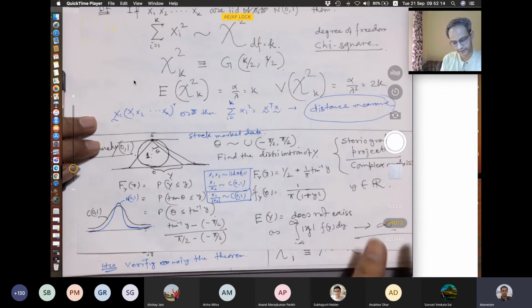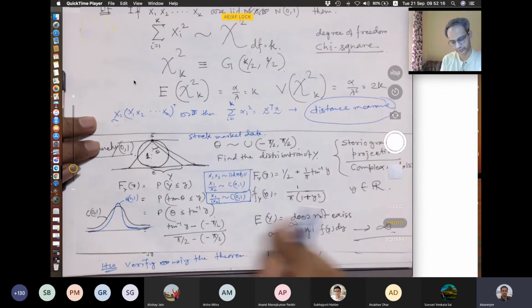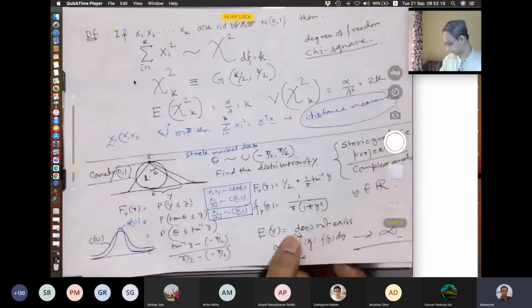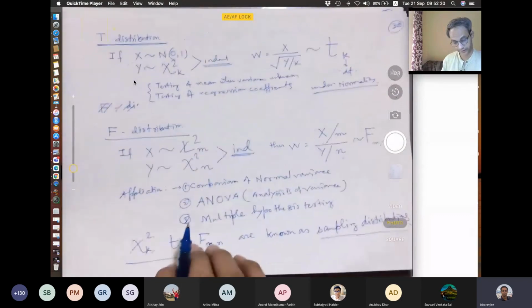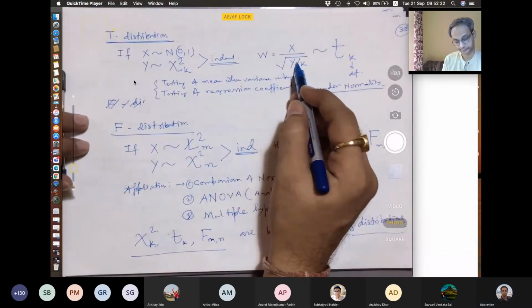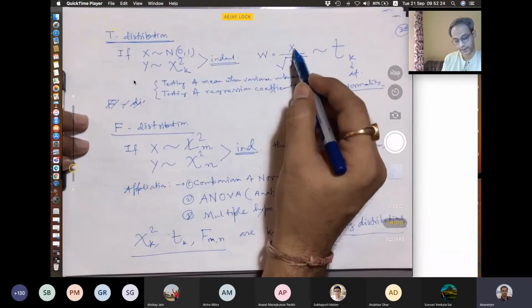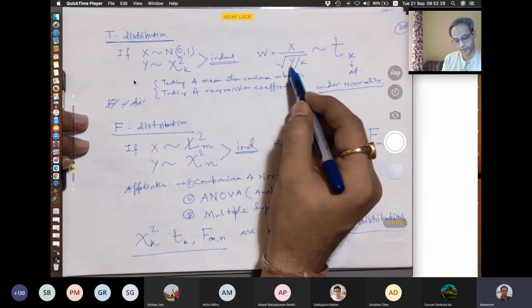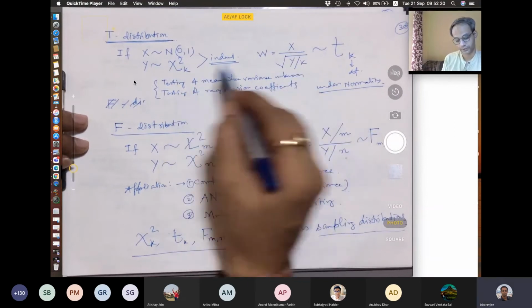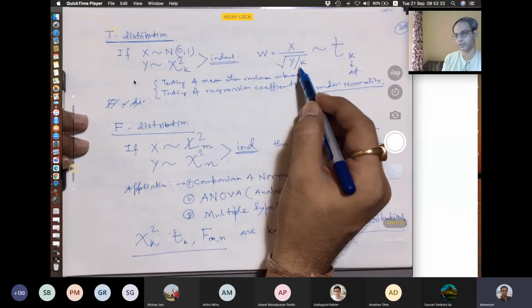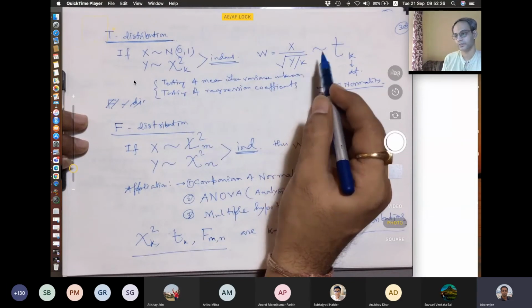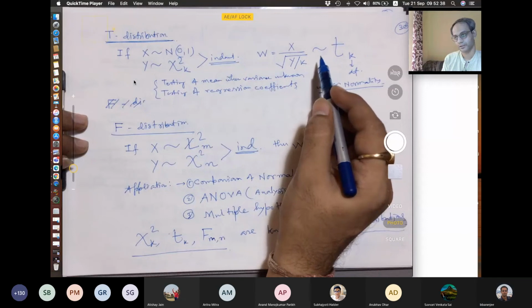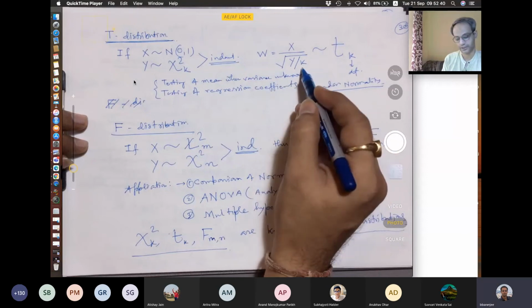Now if you go by this definition of Cauchy, and if you see this definition of T, x following normal 0 1, divided by the square root of chi-square with 1 degree of freedom. Chi-square with 1 degree of freedom, you can say it is normal squared, then square root, divided by 1.